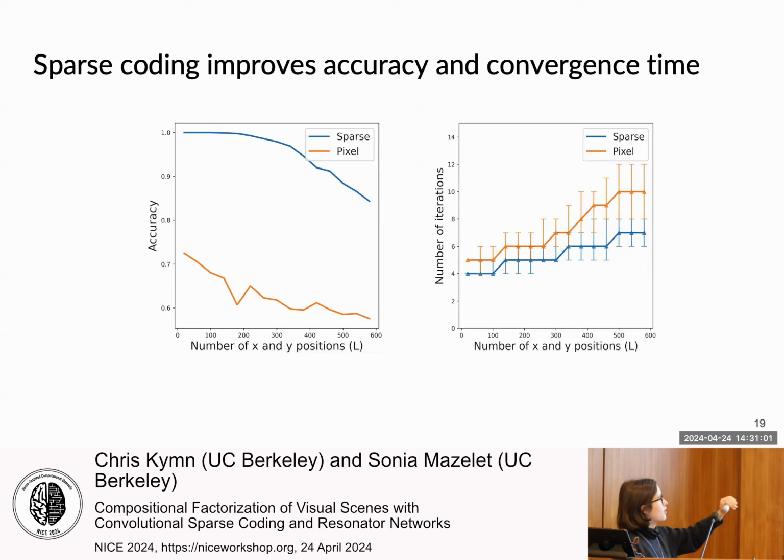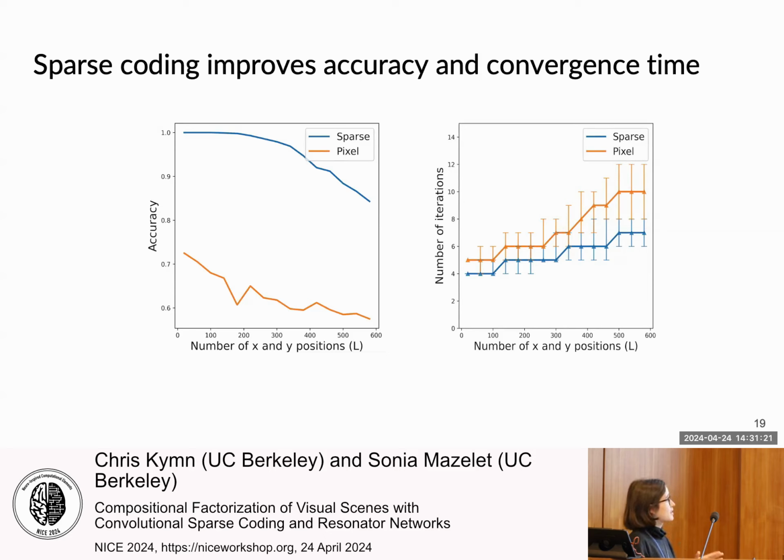The x-axis is the number of X and Y possible positions in the image, so the size of the image. Our model is the blue line, and we compare it to the model where the pixels are directly encoded as HD vectors, so where there is no convolutional sparse code step.